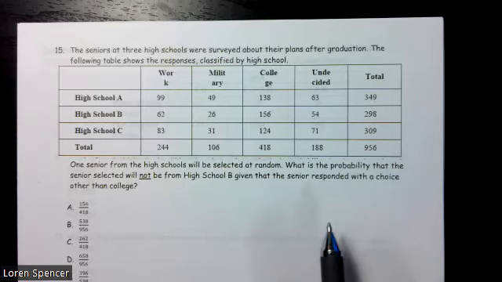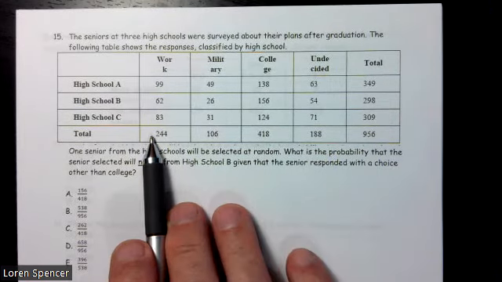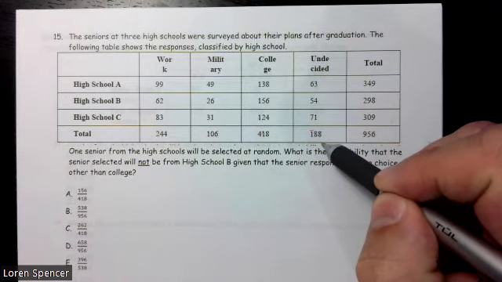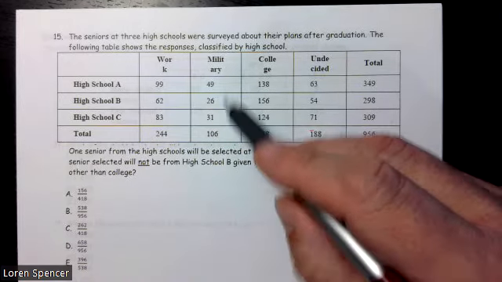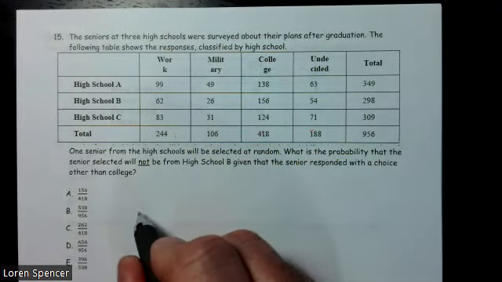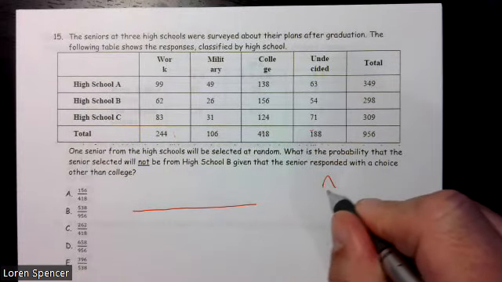All right, so other than college. Well, that starts to get really complex, because basically we're saying we don't want this one. We want undecided, military, and work. So let's go ahead and put those in. That's what we're given, because given, remember, it's always intersection over given.